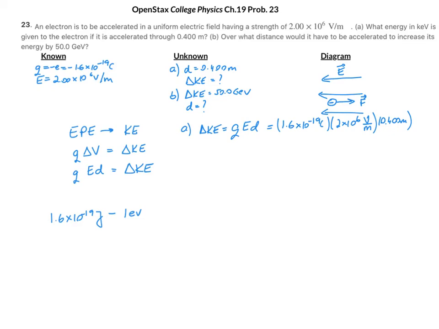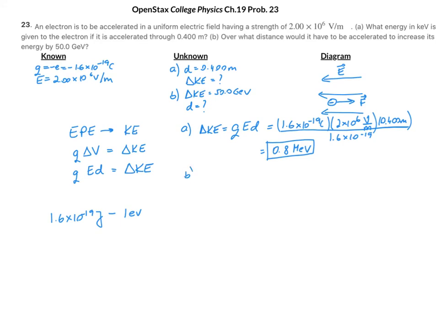So then if I divide this by 1.6 times 10 to the negative 19, then I end up with my answer in electron volts. So the answer then becomes 0.8 mega electron volts. So 0.8 times 10 to the 6th electron volts.